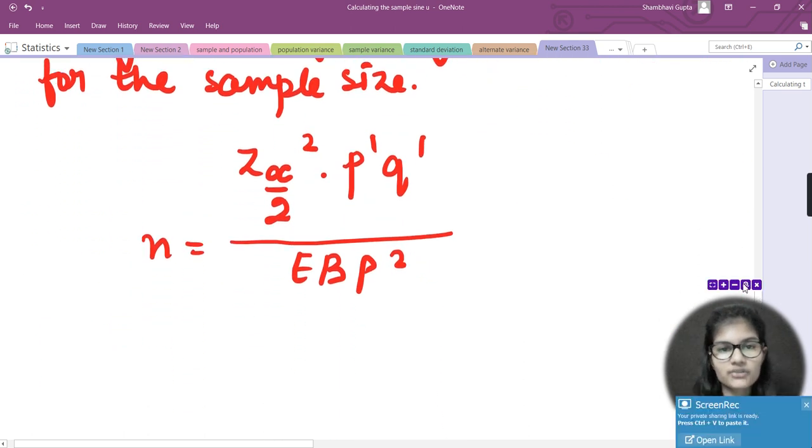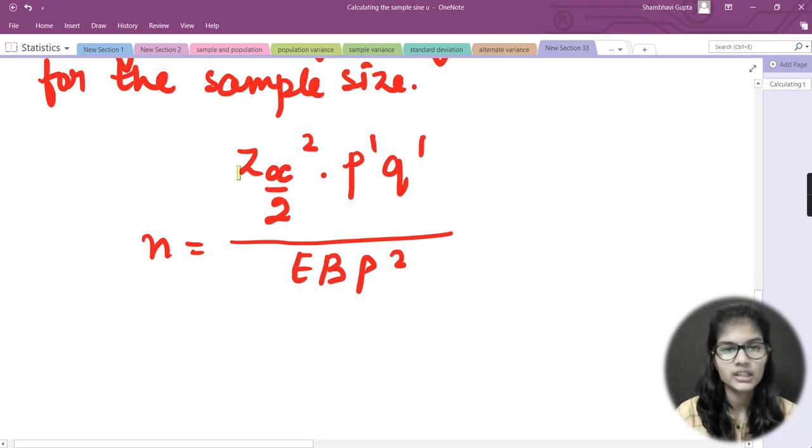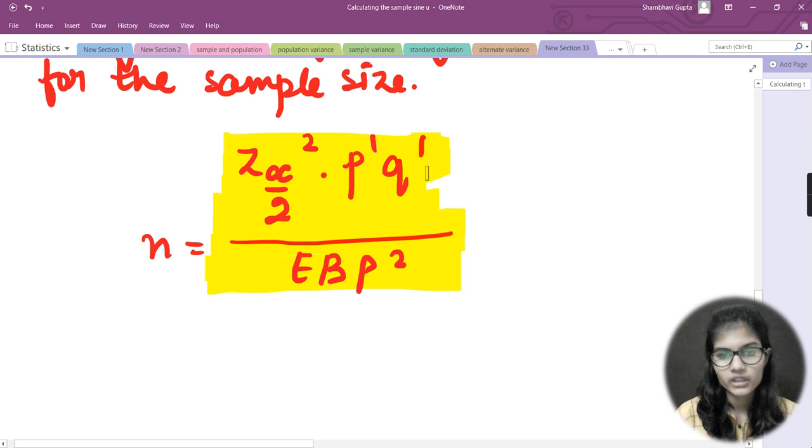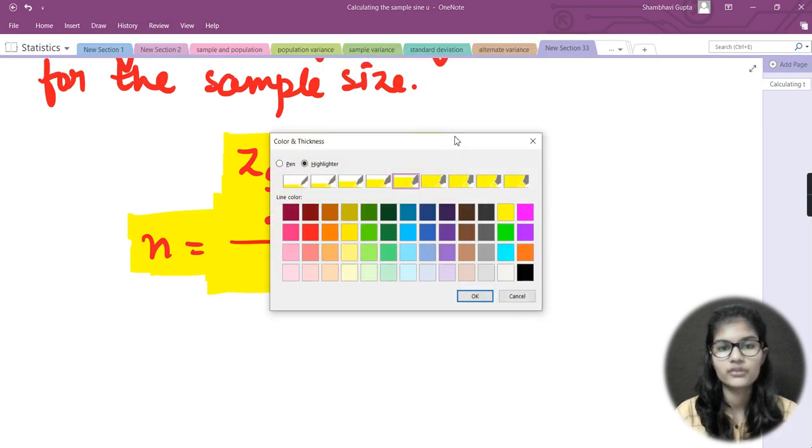After the transformation, for finding the value of n, you need to apply this formula: Z of alpha by 2 whole squared multiplied by P dash Q dash, divided by EBP squared.